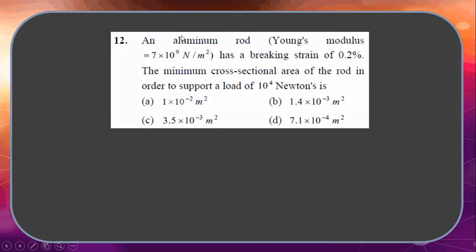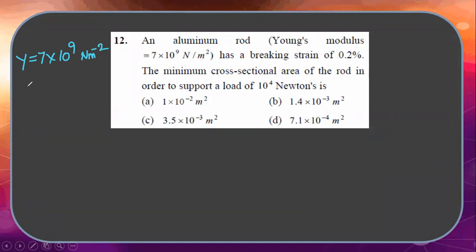Next, an aluminum rod of Young's modulus 7 into 10 power 9 Newton per meter square has a breaking strain of 0.2%. What is the minimum cross-sectional area of the rod in order to support a load of 10 power 4 newtons? The Young's modulus Y is equal to 7 into 10 power 9 Newton per meter square.